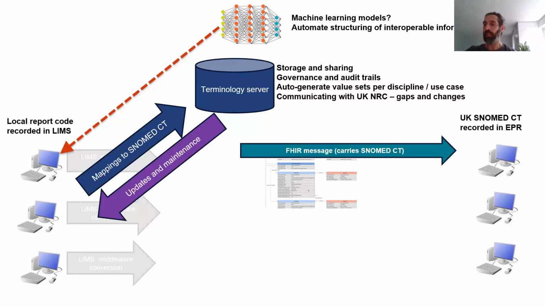Ultimately, the quality of the mappings that's held centrally informs better models, and we want to get to the point where we're automating the structuring of interoperable information, so that there's an auto-population of the FHIR message. The interface input arrives at that content directly, the most accurate SNOMED content directly.